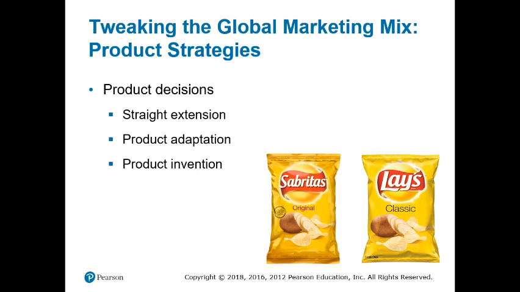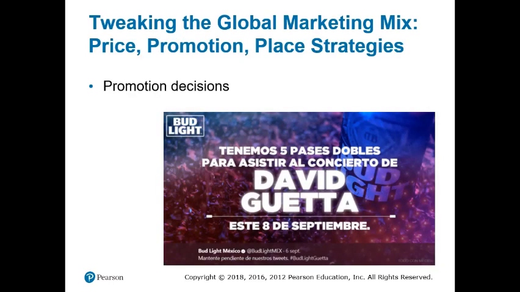Remember, when we talk about marketing mix, we talk about product, price, distribution or place, and promotion. So is a product one that you can just sell in the same way abroad without much changes? Do you have to adjust and adapt to other consumers? What is the way that you will promote it?